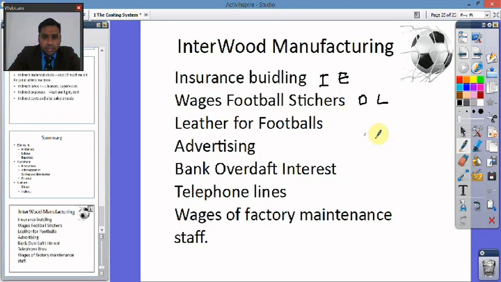Leather for footballs, obviously this is a material and it's direct because each unit of product you're going to be using more product. Advertising, obviously this is a periodic cost, so it's an expense, it's an overhead really, and it's indirect because each unit is not necessarily affected.